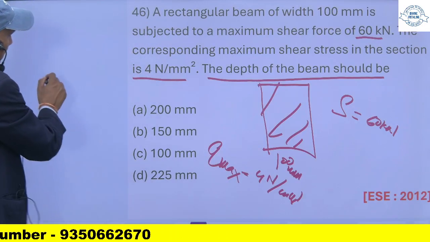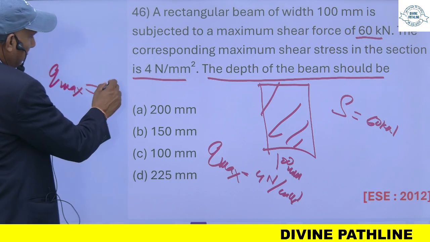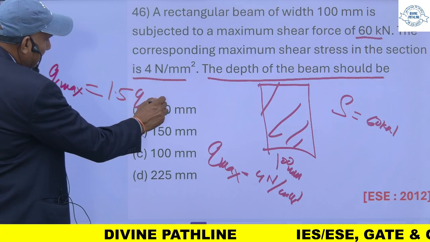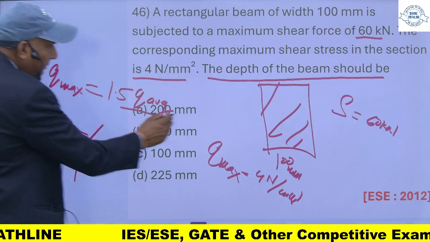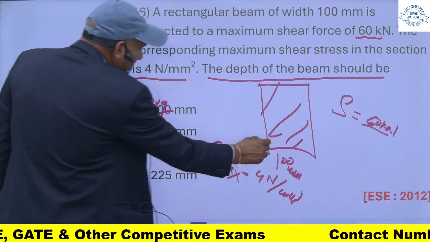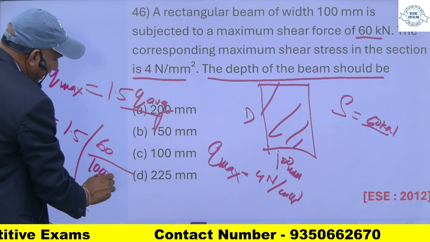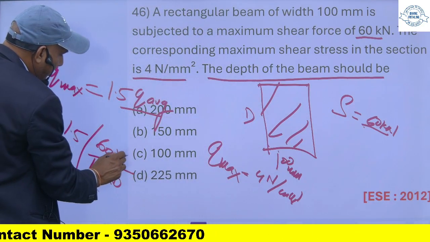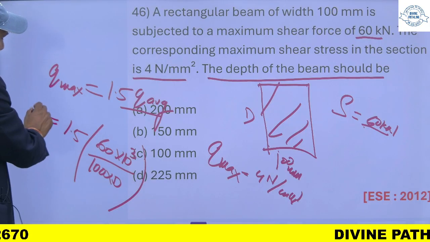As we know, the maximum shear stress of a rectangular section is 1.5 times the average shear stress, and the average shear stress will be shear force divided by cross-section area. Cross-section area is 100 into D. This 60 is in kilonewton, so I will convert it into Newton by multiplying, and the maximum shear stress is given as 4.